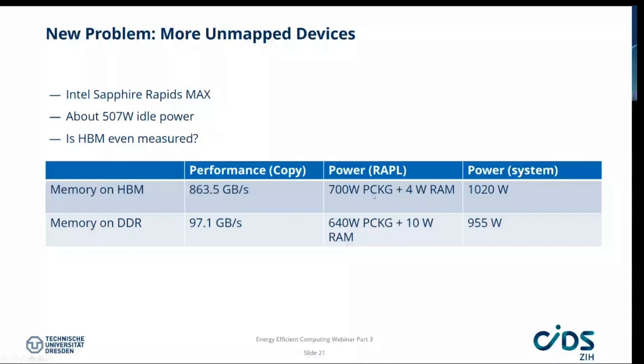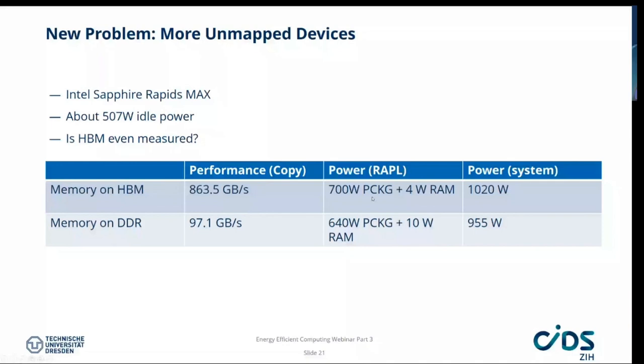And if you look at the difference between this one and this one, that's more or less accurate. The problem is that I don't trust that number. It probably doesn't include the high bandwidth memory, and the high bandwidth memory is probably not mapped here at all. So maybe, is this even measured, or is it included in the package?